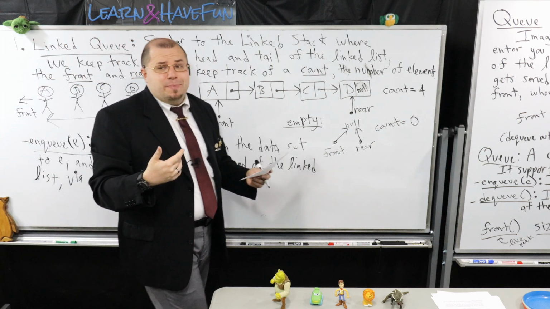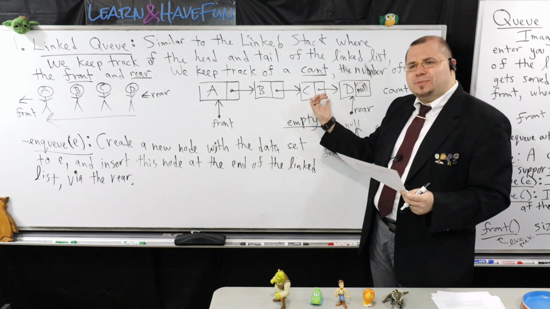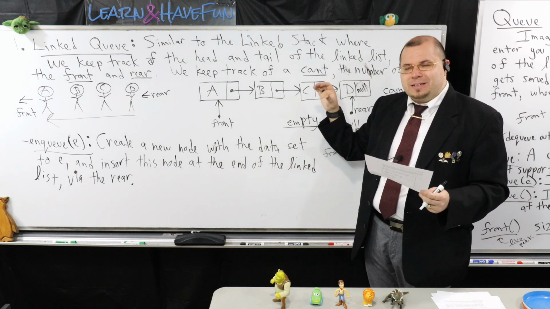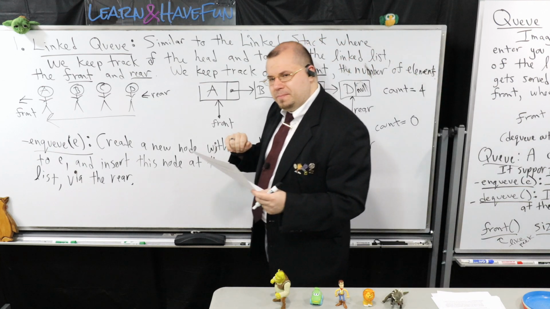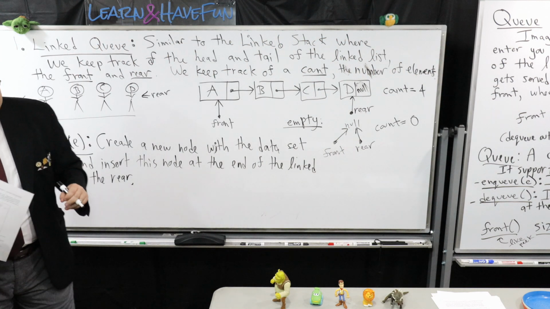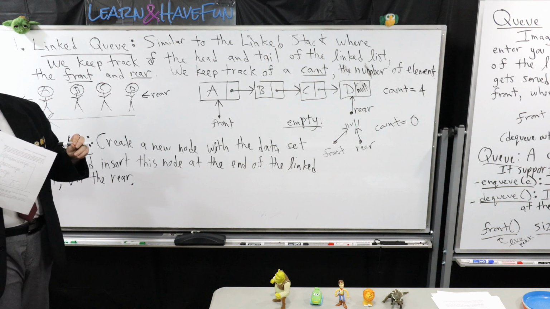I might be getting them backwards, for example. So if I were to attempt that, I would probably have to change what these algorithms are, just a little bit. Via the rear.